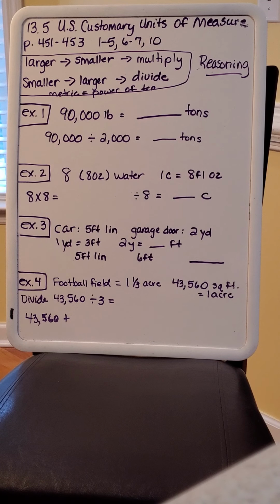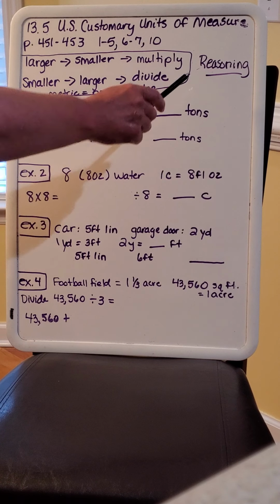You'll be changing back and forth in between those units, but you really will not be using the larger to smaller and smaller to larger rule, because that is used in the metric system and it's easy, but that's because the metric system is based on the powers of 10. The U.S. customary units are not. So larger to smaller multiply, smaller to larger divide really is not going to be useful here.